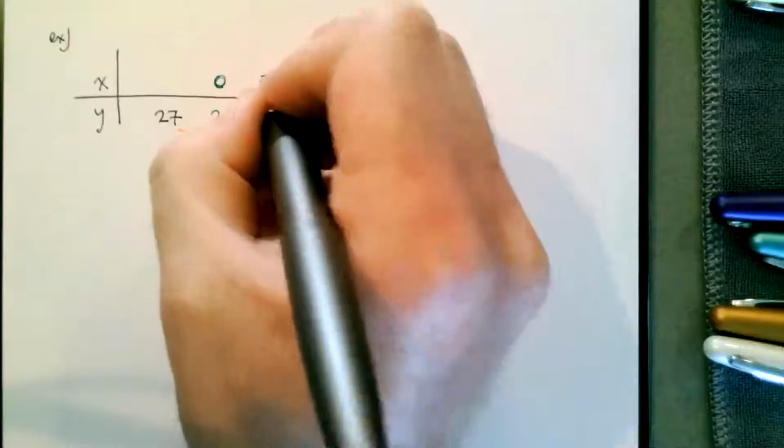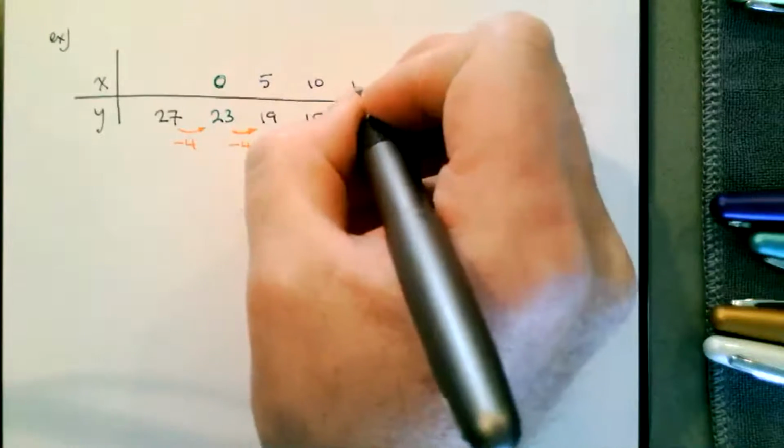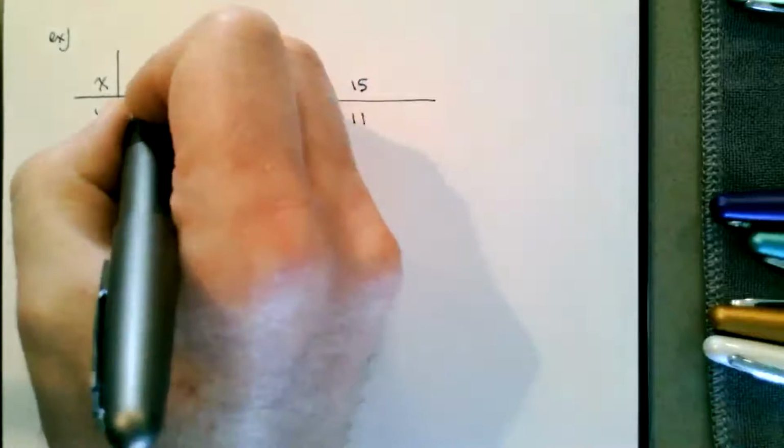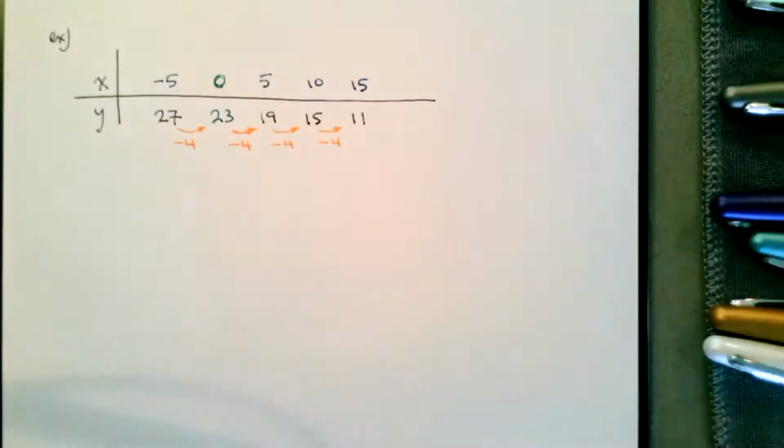So this is not happening every 1 unit. This is happening every 5 units. Should have been 3. Oh well. So now each step is going to be 5 units.